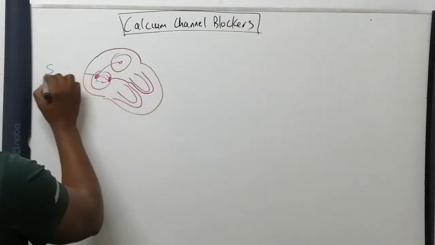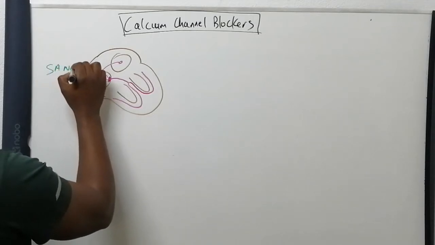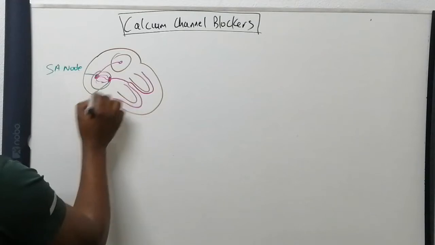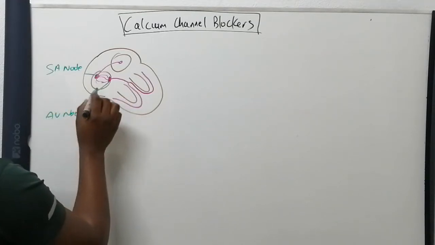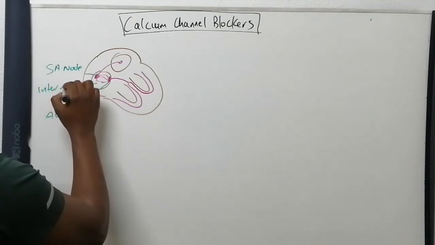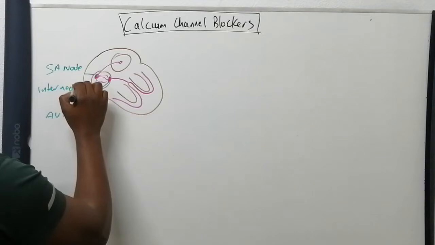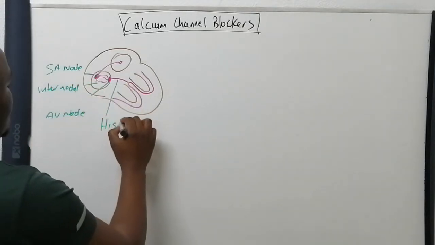Let's just label. This is the SA node. This is the AV node. Internodal fibers. This is the bundle of His.